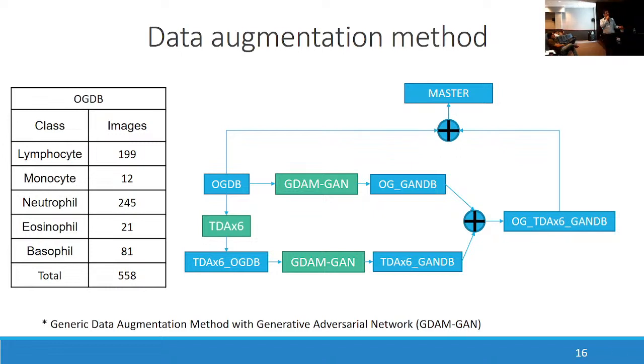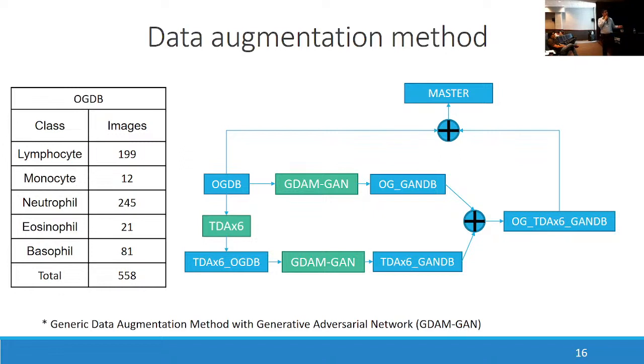And also, we're going to make another training for the GAN using the same OGDB, but augmented with traditional data augmentation for rotation and flipping in X and Y. So, with all the new artificial data, we're going to keep only the new images that look like originals. I know they're artificial, but an expert in biomedics helped us pick only the ones that seem like an original image of leukocytes.